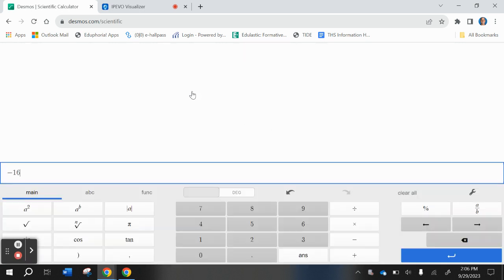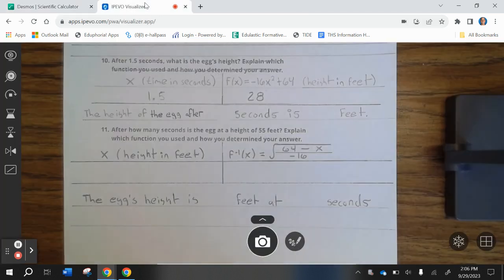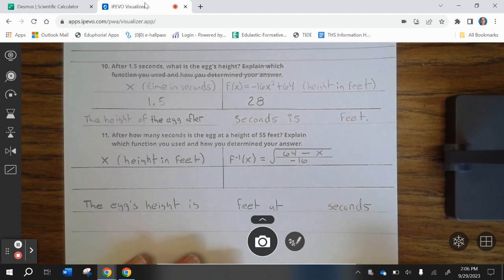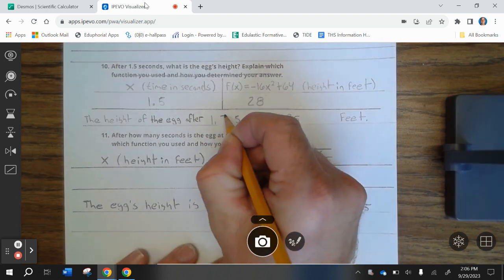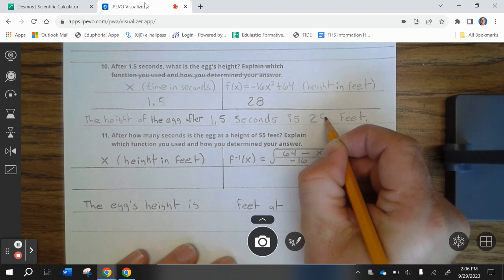Negative 16, parentheses 1.5 squared, plus 64 is 28. So the height of the egg after 1.5 seconds is 28 feet.